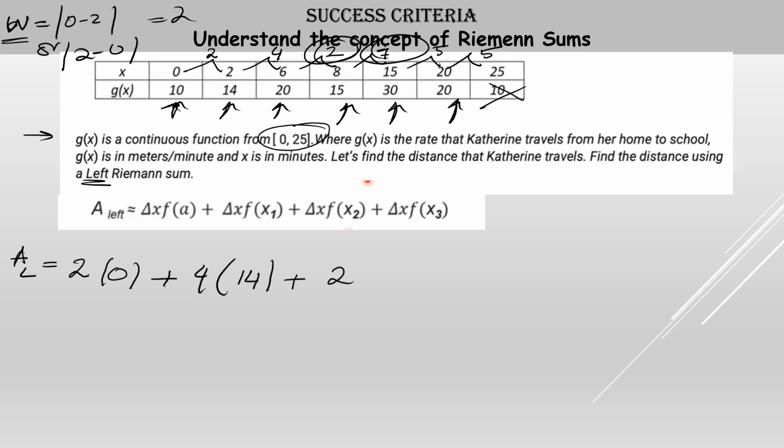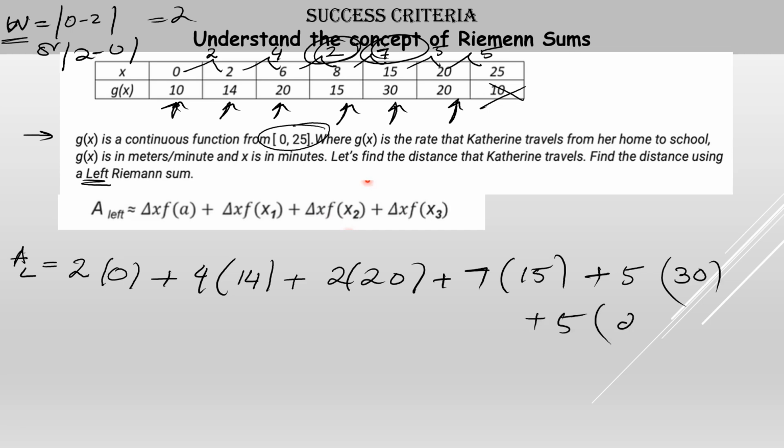So 2 and the third point is 20. Then my width is 7 and the fourth point is 15. Then my width is 5 and the fifth point is 30. And again my width is 5 and the last point is 20. Write it in the calculator to calculate the area using the left Riemann sum.